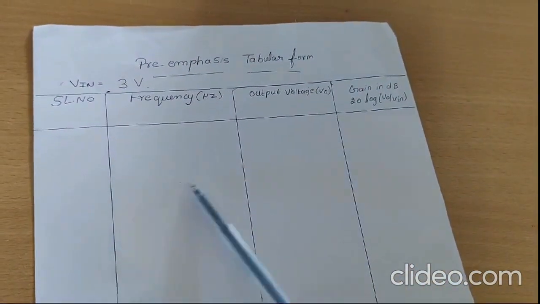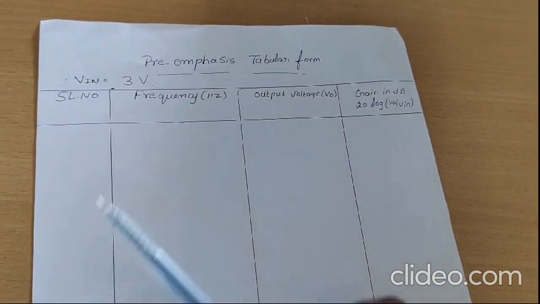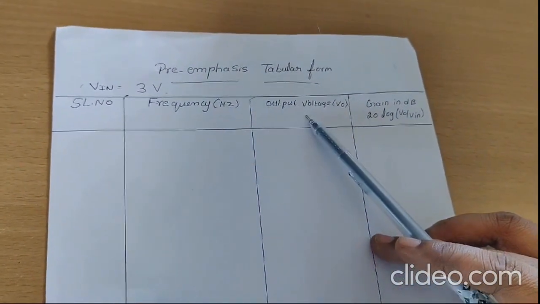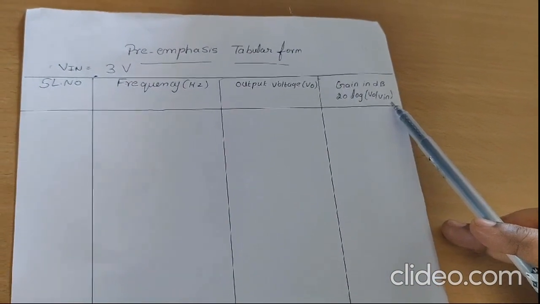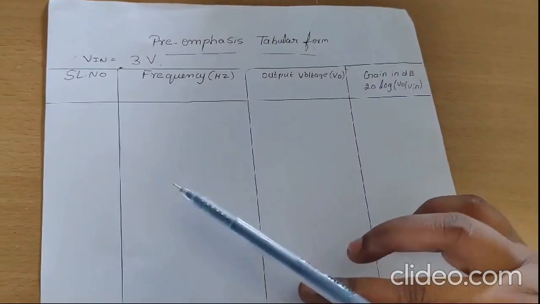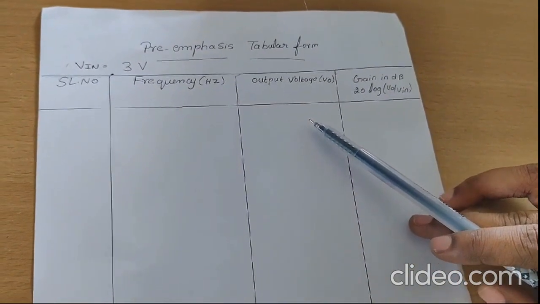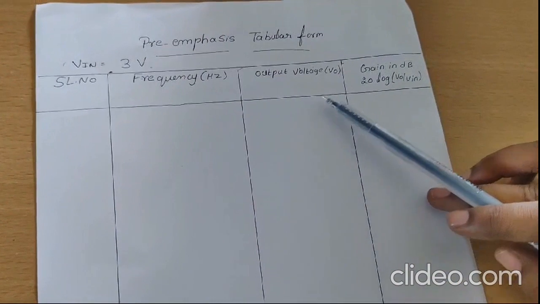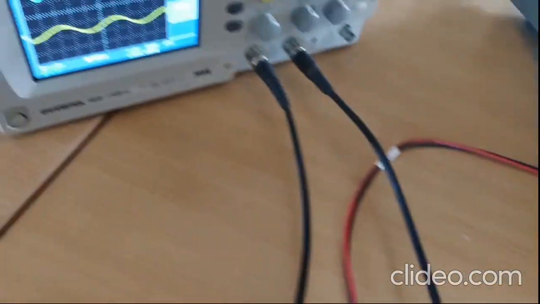These are the different parameters we are going to note down: the number of iterations, the frequency, the output voltage, and we are going to calculate gain using 20 log V0 by Vin. As and when we increase the frequency for pre-emphasis, the noise should reduce and we have to get a higher SNR. That's the reason the voltage should increase gradually as we increase the frequency. That we can see in the output.